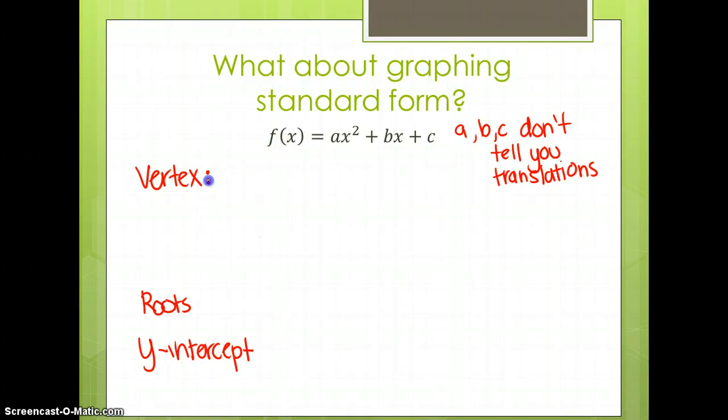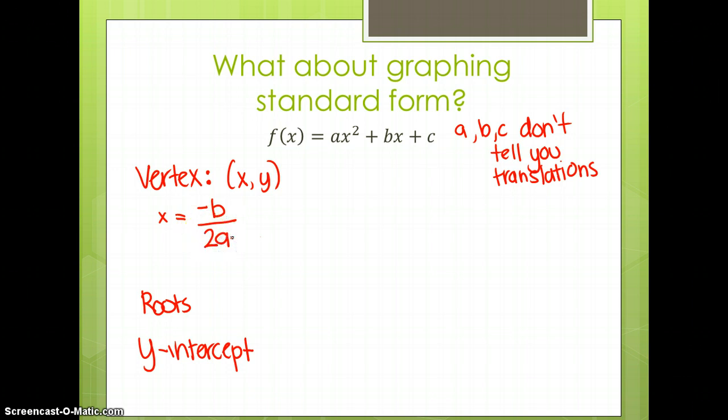And the way we find the vertex is there's actually a little bit of a formula that tells you the x-coordinate and the y-coordinate. If we want to know the x-coordinate of the vertex, the x-coordinate is equal to negative the b value, whatever the b value is, over 2a.